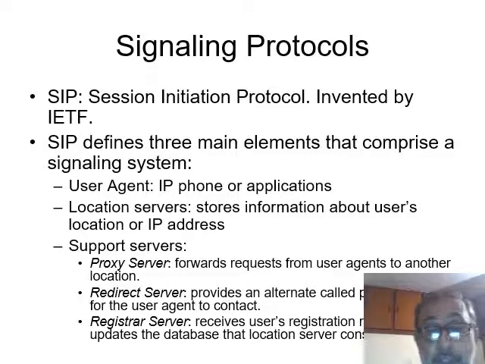Then we have location servers, and then we have support servers. The location servers store the information about the user's location or IP address. And in the support servers part, what do we have? We have proxy servers, redirect servers, and registrar servers.